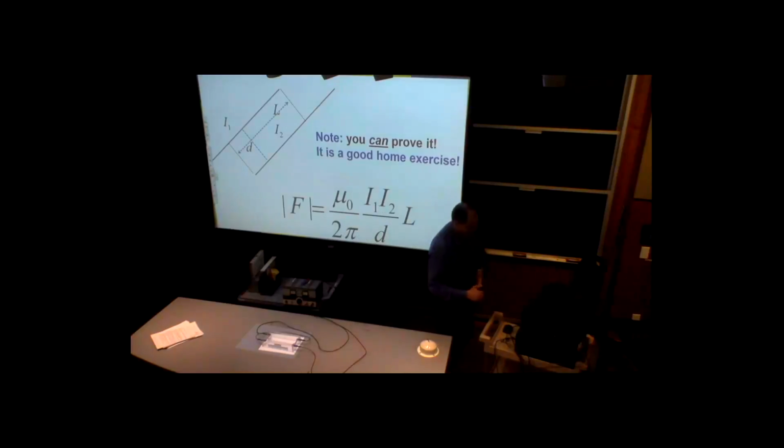That normally is the case. However, very often we don't know the length. But very often we don't need to know, because questions are about force per unit length. So if we know it, for calculating or using force per unit length, we just do this.